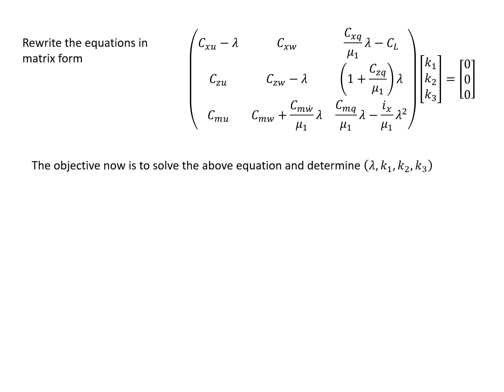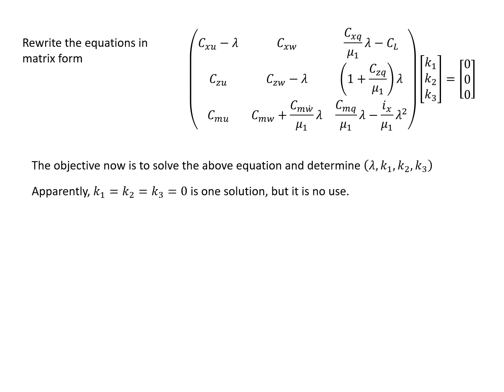For now, the objective is to solve the above equation and determine lambda, k1, k2, k3. These are the three unknowns we are interested in, and especially lambda is important. So how can we solve these three equations?